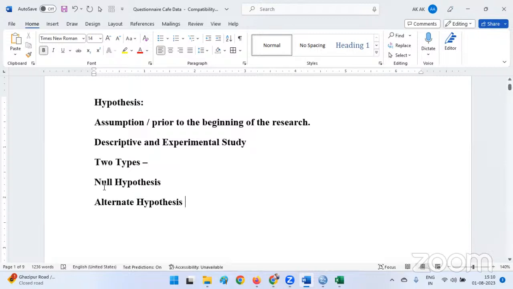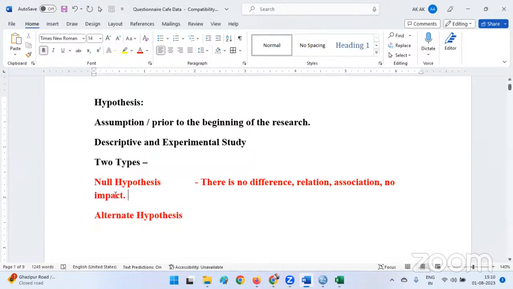Null hypothesis is basically when we show that there is no difference, no relation, no association, no impact. When we write in this language, there is no difference, relation, association, or impact, that is called null hypothesis.